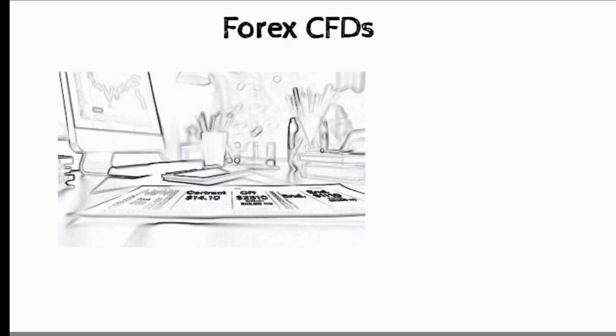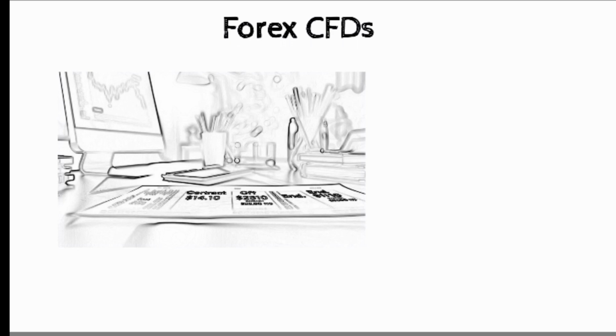7. Forex CFD. Forex CFD is known as the Forex contract for difference, or CFD. It's a derivative product that allows traders to speculate on whether the market price of an underlying asset will increase or decrease. A CFD's price is derived from the price of the underlying asset.